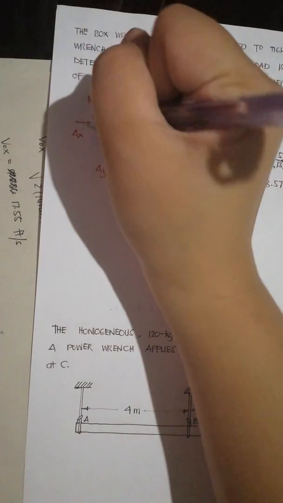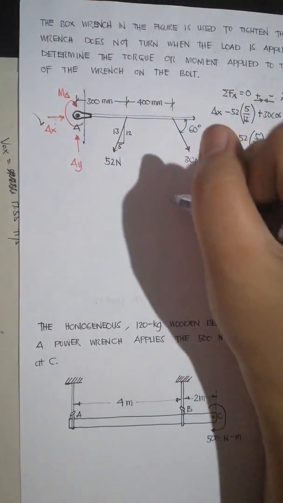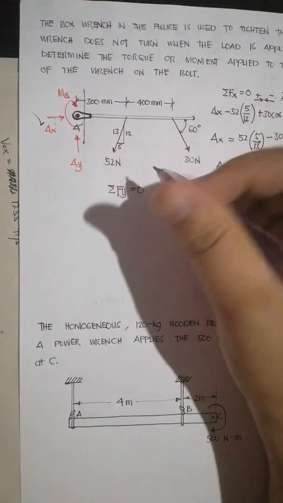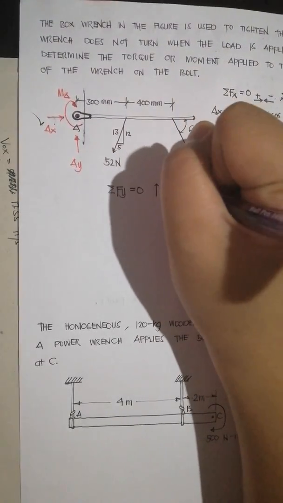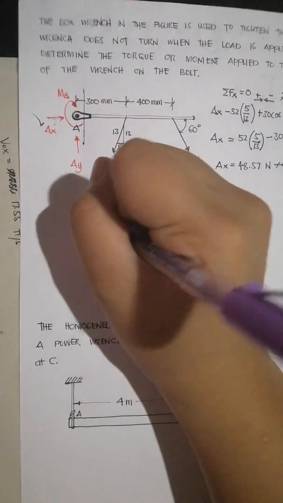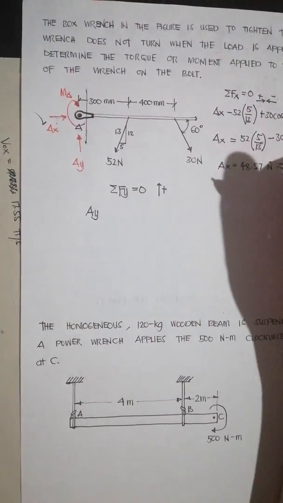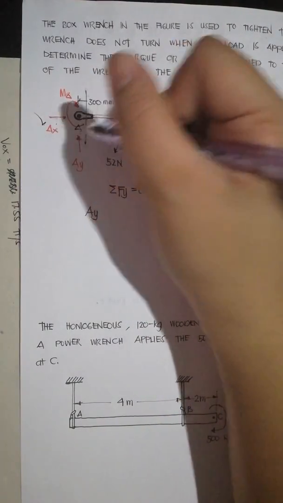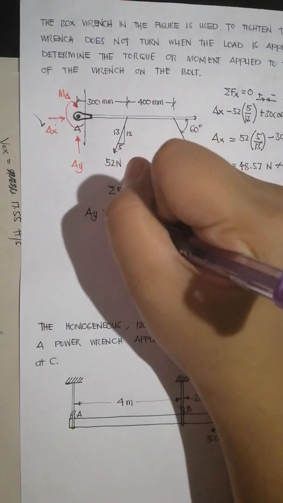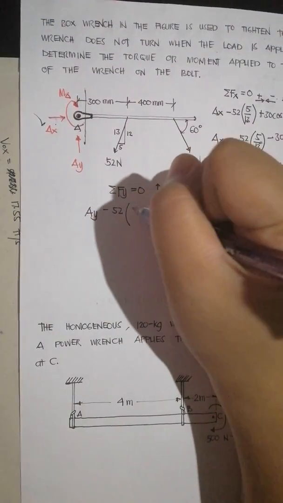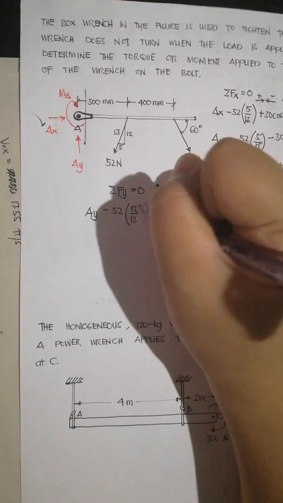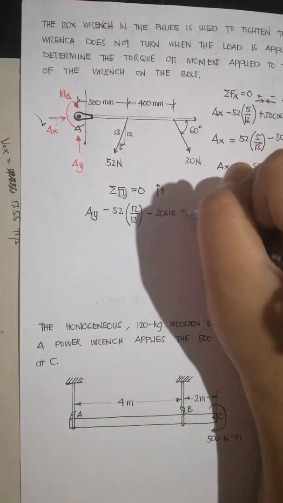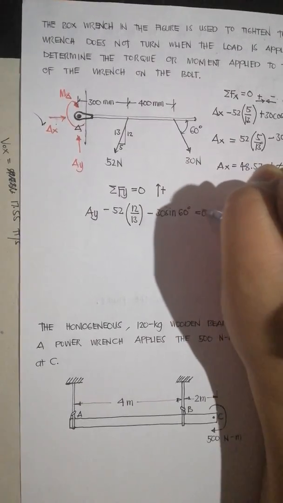Okay. We're done with Ax. Let's now solve for Ay. We will be using summation of forces y equals 0. All of the upward forces are positive, so we have Ay, positive because our initial assumption is that it's acting upward. Then we have minus 52 times 12 over 13, then minus 30 sine 60, and this is equal to 0.